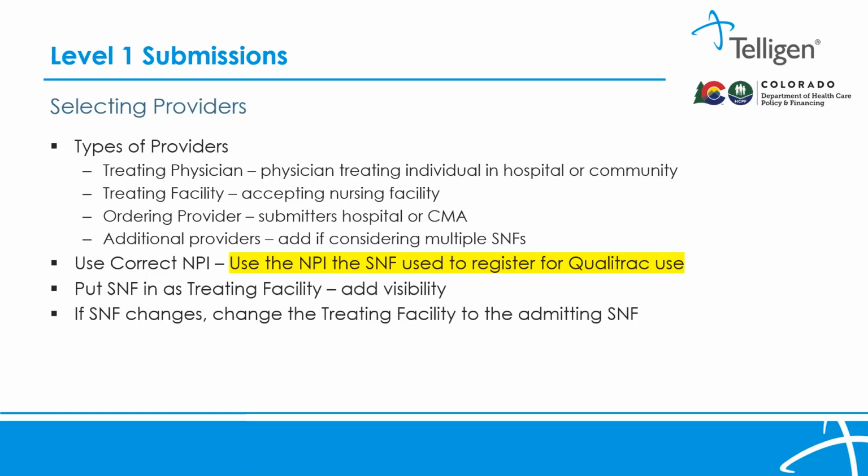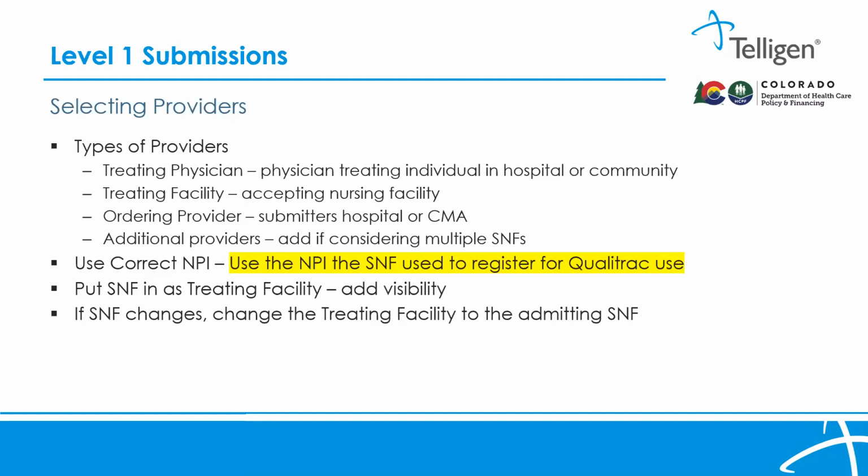There are some questions in the chat about the NPI. It's very, very super important that you use the correct NPI number that the SNF used to register for Qualitrac with. If you don't know that number, you can always get in touch with the SNF admission department, but you're going to want to make sure that you're using that same NPI number.